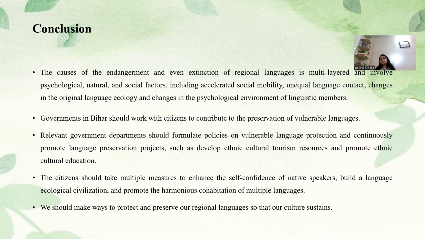So there is this urge to save language. There should be some measures to retain data and work in this area so that languages could be preserved. The citizens should take multiple measures to enhance the self-confidence of native speakers, build a language ecological civilization, and promote the harmonious cohabitation of multiple languages.